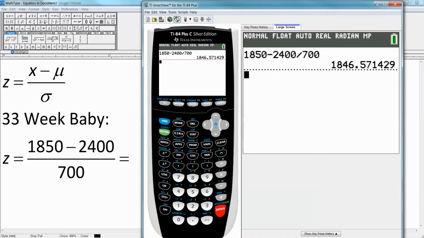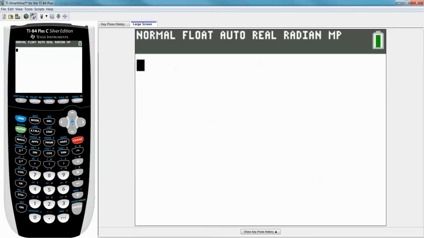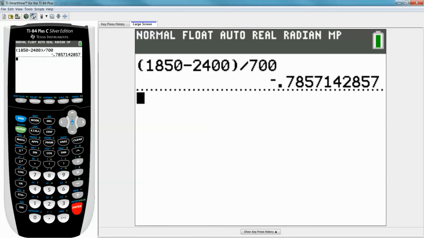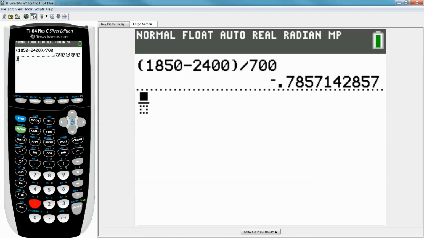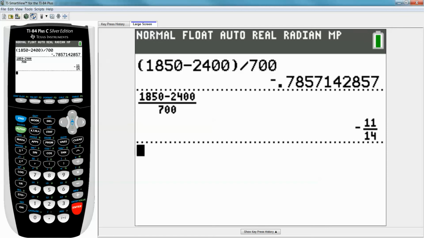Now there's a lot of ways you can do that on a TI calculator, and it's the same with Excel. You could use parentheses: 1,850 take away 2,400, close the parentheses, then divide by 700. That would work. Or if you have the new operating system, you can go alpha F1, N over D, and say 1,850 minus 2,400, down arrow, 700, enter.